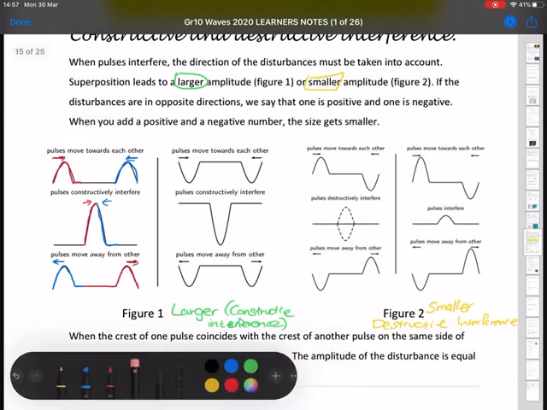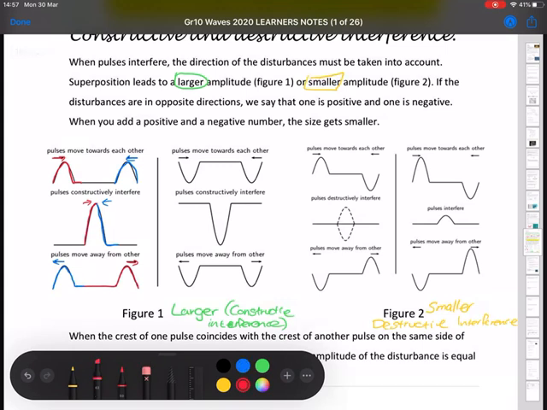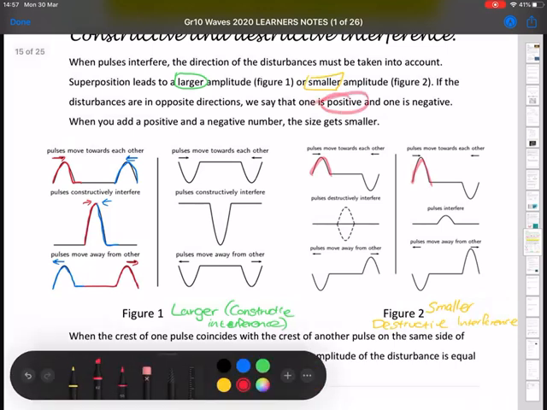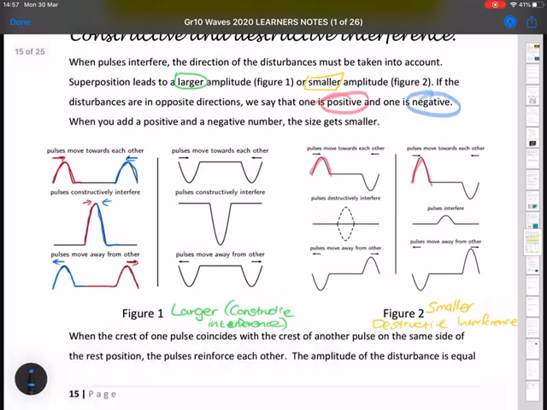So positive meaning above the x-axis. Okay, so there's a positive wave. Negative meaning below the x-axis or below the equilibrium position. And when those two waves pass, if the red one's moving to the right, the blue one's moving to the left, when they pass each other, you subtract what's above from what's below.